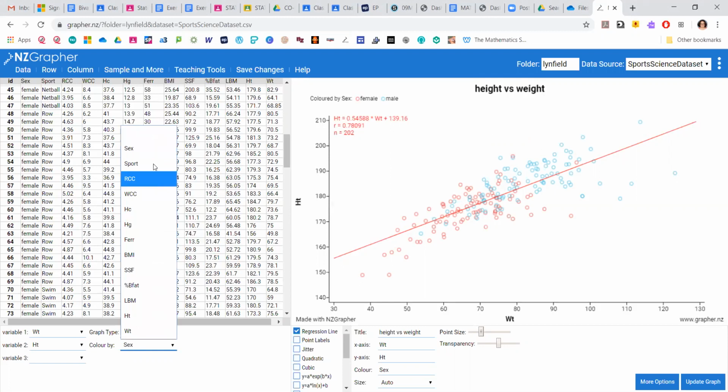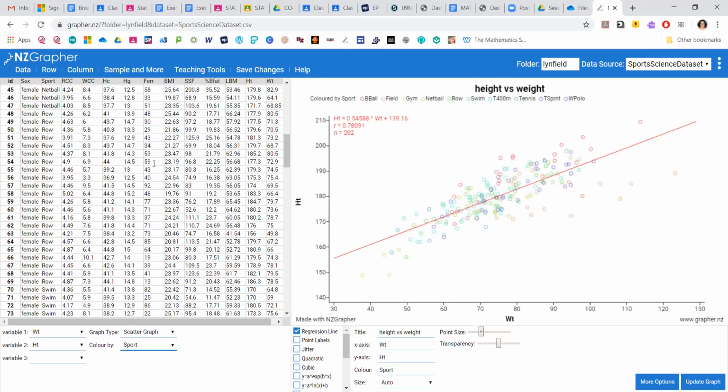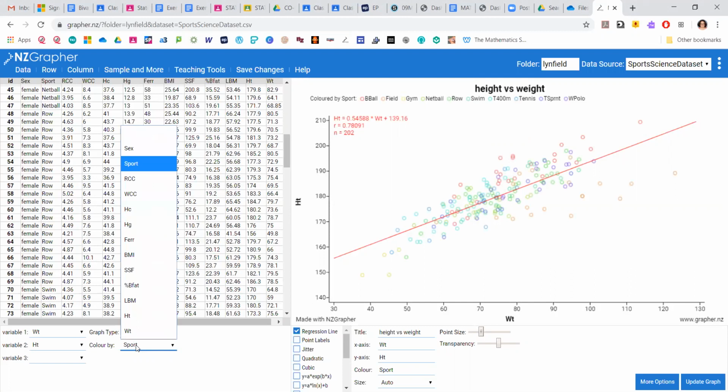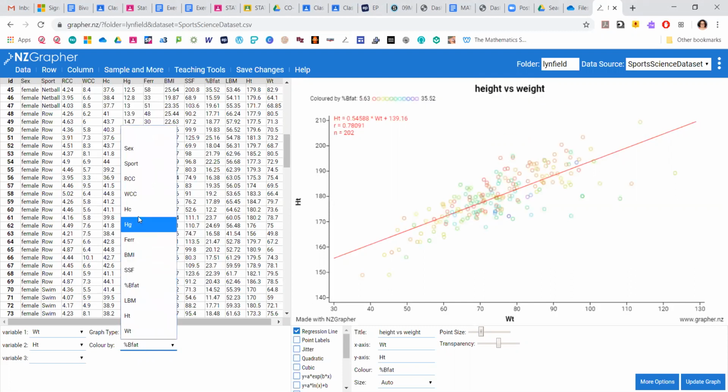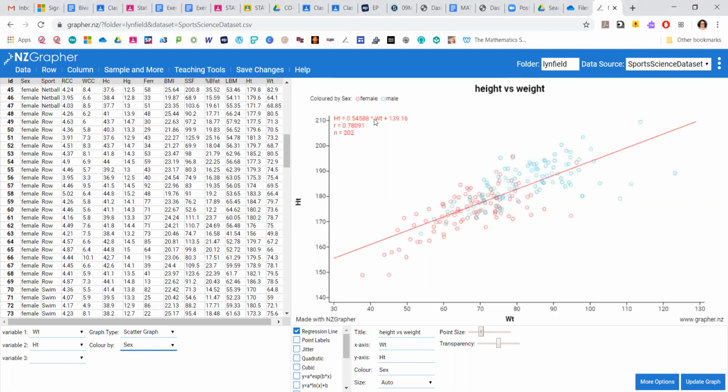You might look at the different sports, you might color it by different variables.